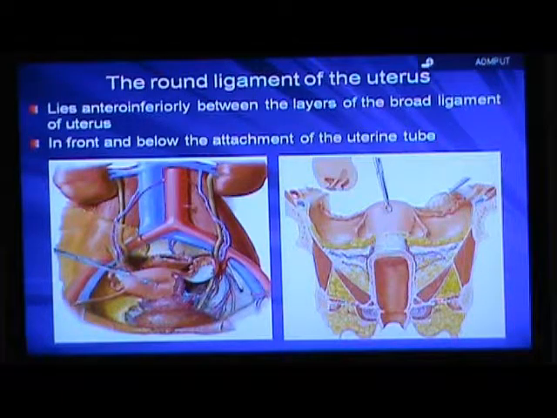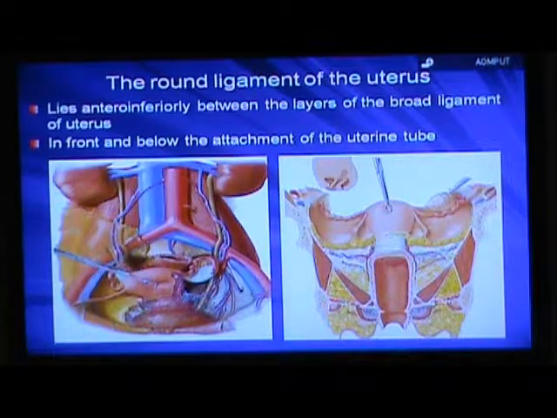Posteriorly to it and slightly inferior will be the ovarian ligament. Now they remove the uterine tube slightly below to show us such ovarian ligament.